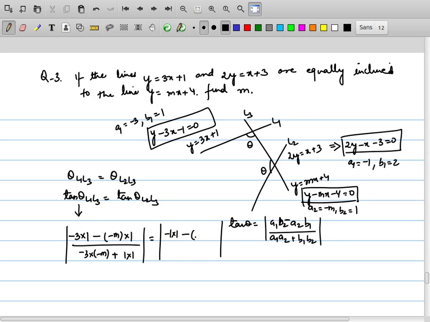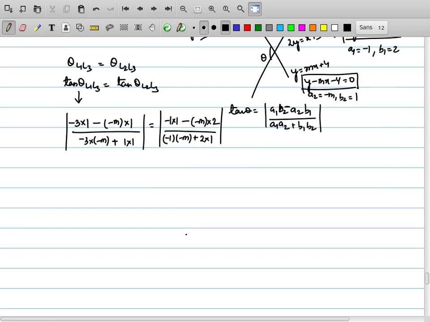Minus a2, minus m, into b1, 2, upon a1 a2, minus 1 into minus m, plus b1 b2, 2 into 1. Since the angles are equal, their tan values will also be equal. Therefore mod of (minus 3 plus m) upon (3m plus 1) will be the same as mod of (2m minus 1) upon (m plus 2). Now when the mod opens, it will open with both the signs.